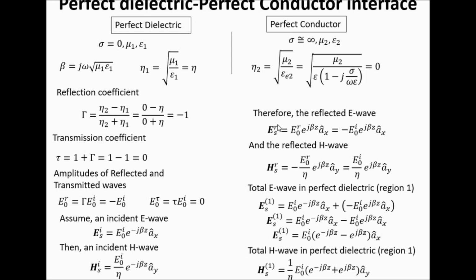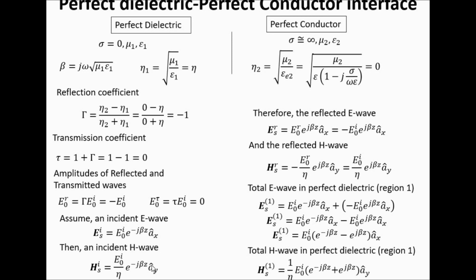So if the reflected electric field polarization is opposite, then the reflected magnetic field and the incident magnetic field will have the same direction. So both will be positive a_y.